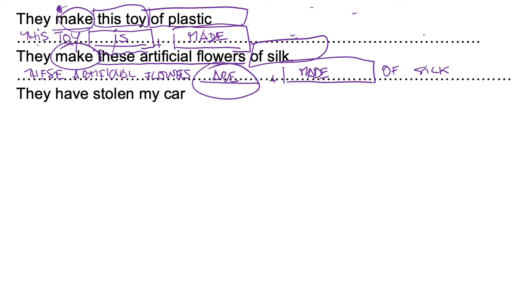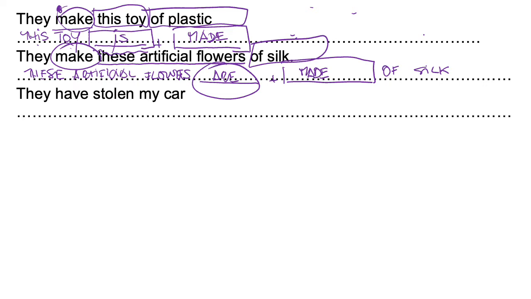Next one. They have stolen my car. So we're talking about my car, and this is the first thing that I'm going to write here. Then I identify the verb and count all the words it has. Have stolen, so 1, 2, and 3.